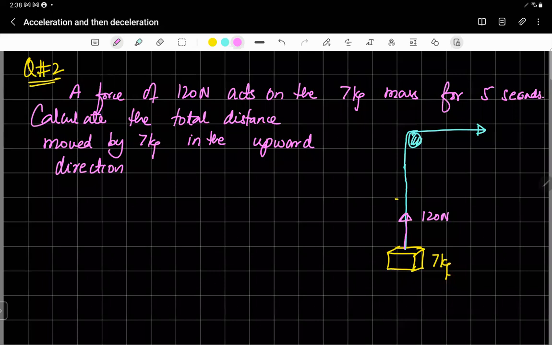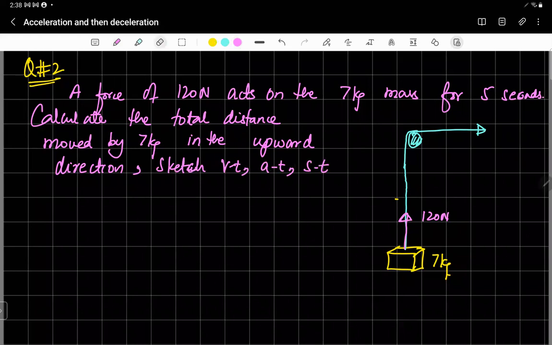Calculate the total distance moved in the upward direction. We will also calculate accelerations and velocities. And we add another question: sketch the velocity time graph, acceleration time graph, and displacement time graph.